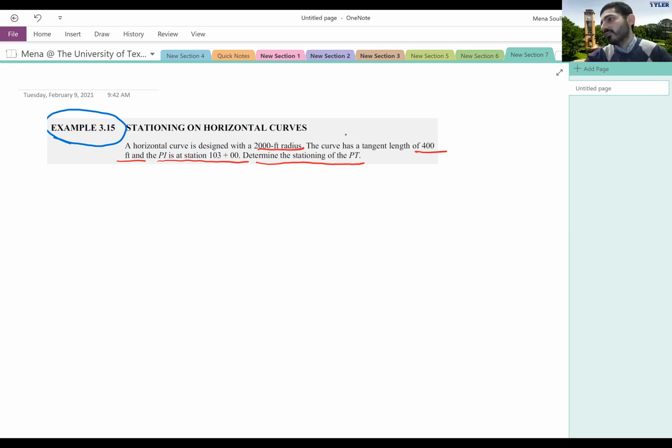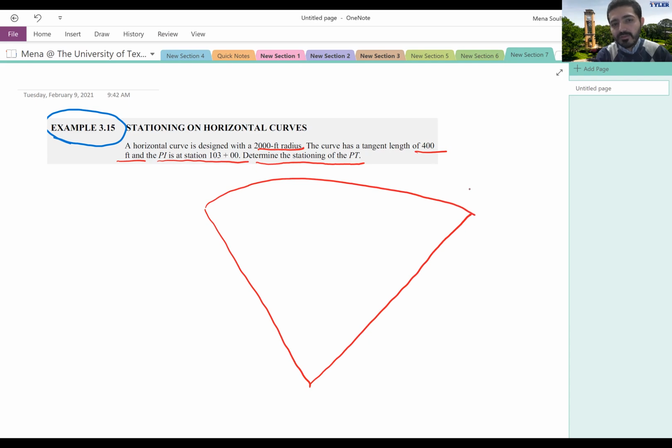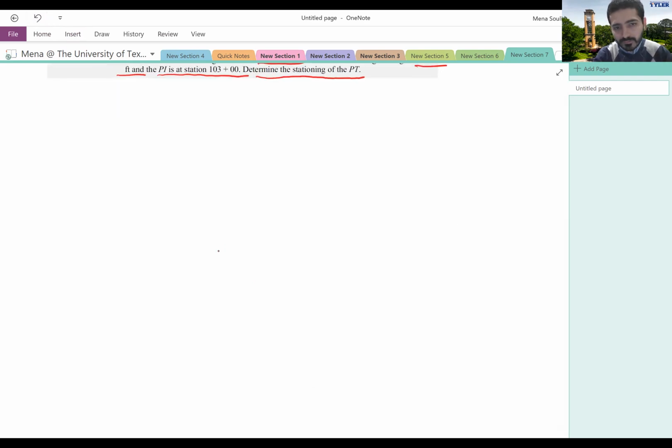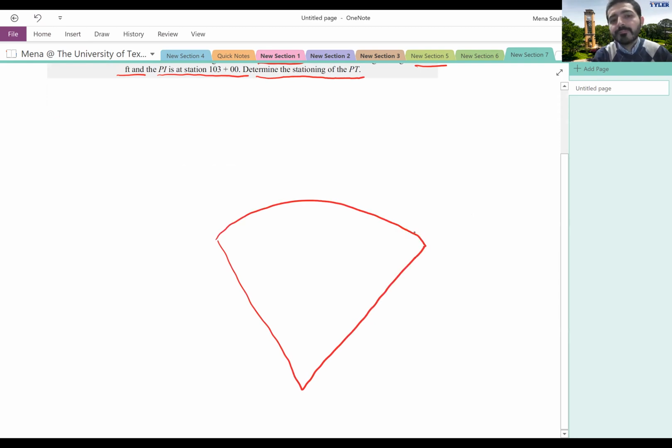So now we need to draw the curve and try to understand all what we've done before. So here's the curve, and I have the R, the radius, and this is the PC, and this is the PT.